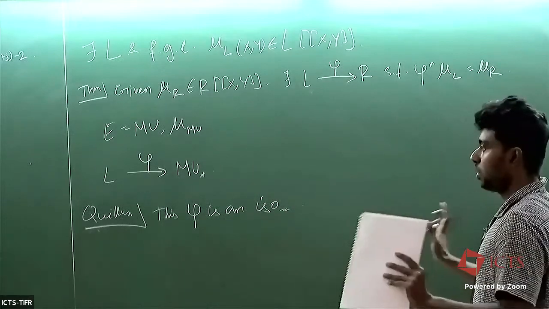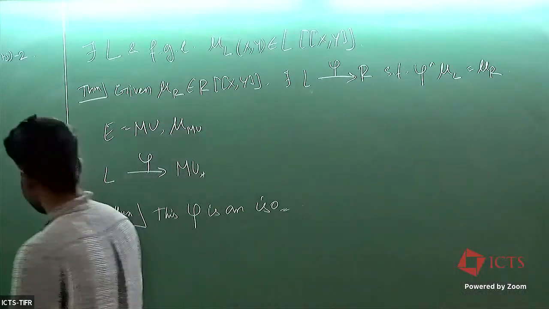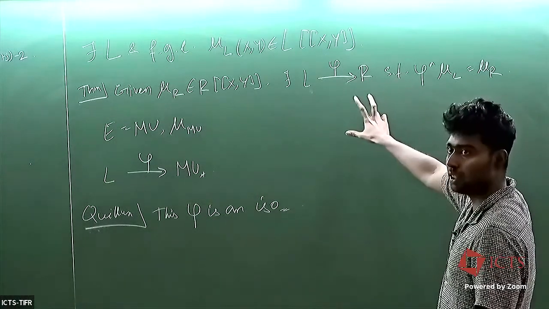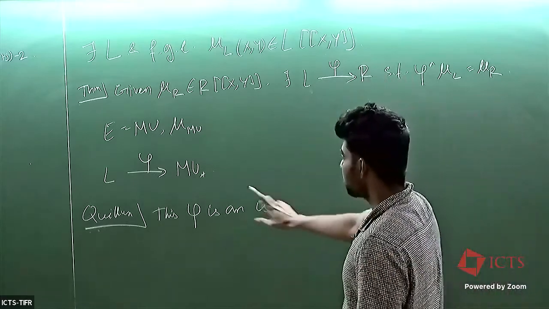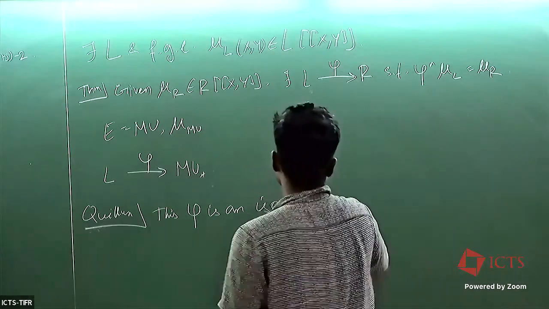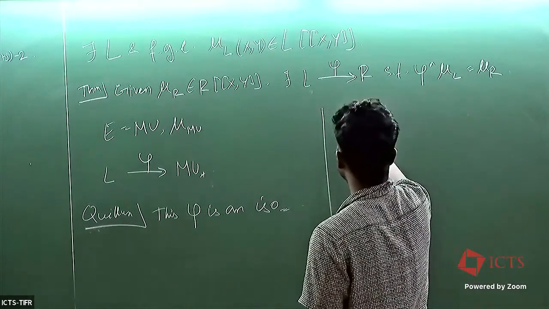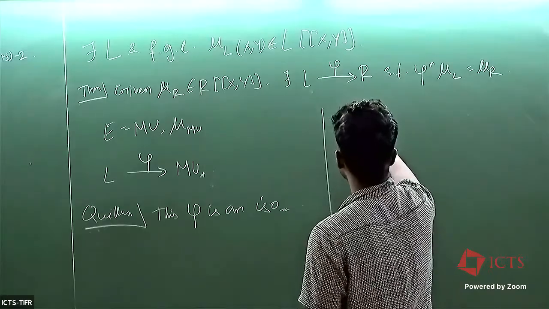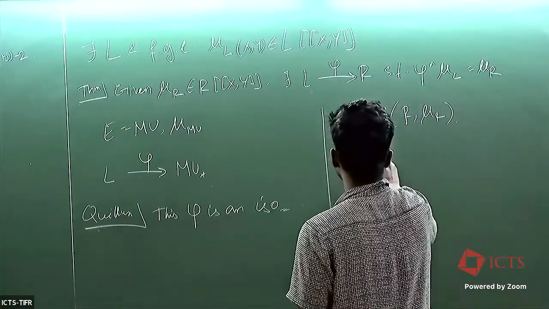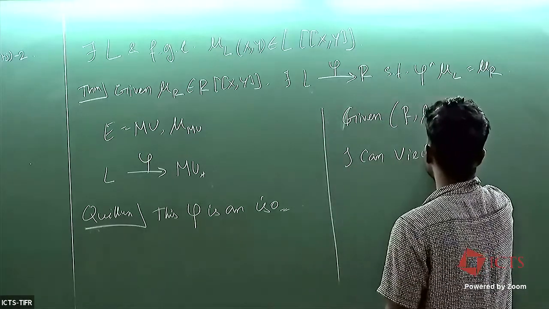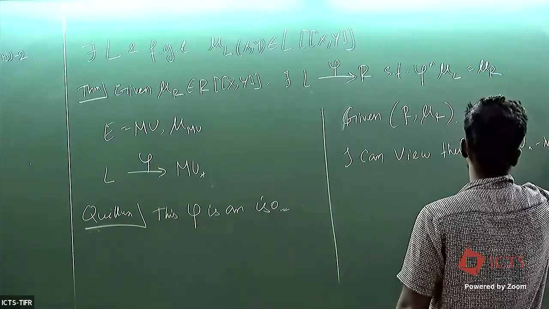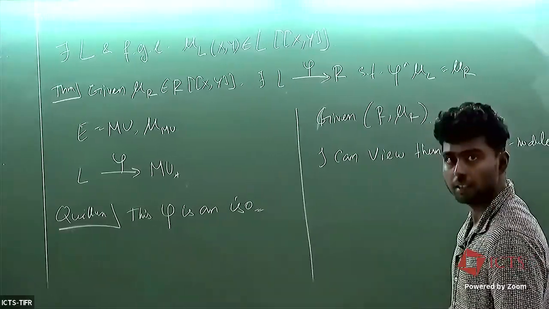So what does that mean? Suppose I take any graded ring R with a formal group law mu_R. I can view that R as an MU star module via this isomorphism. Given R and mu_R, I can view them as MU star modules.